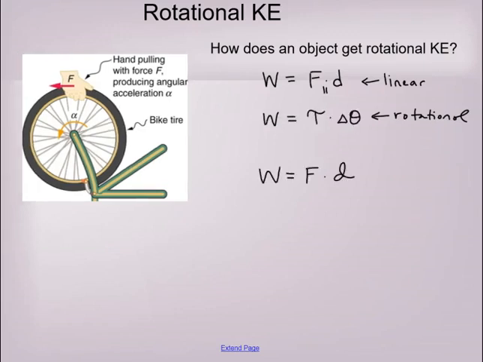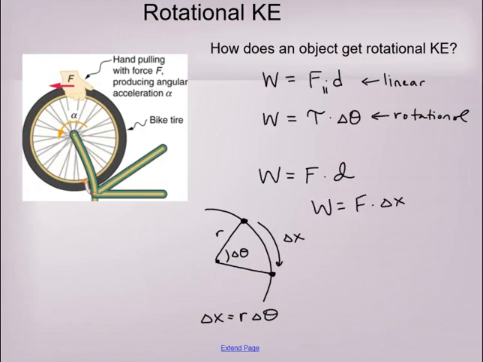So in the example of the bike wheel, work equals force times displacement. And the displacement is going to be the arc length of that wheel, or delta x. And delta x, we know, is r delta theta if we are looking at delta theta in radians. And so work is F delta x, but delta x is r delta theta.